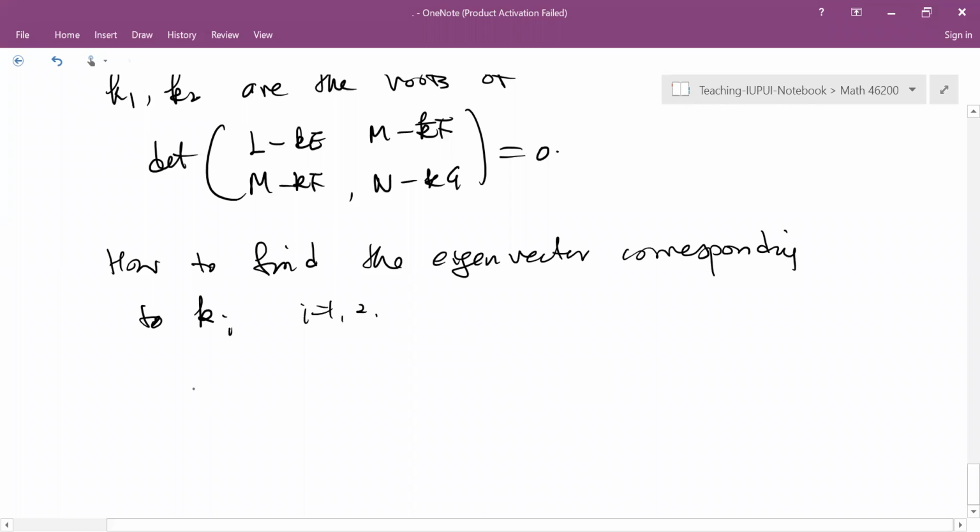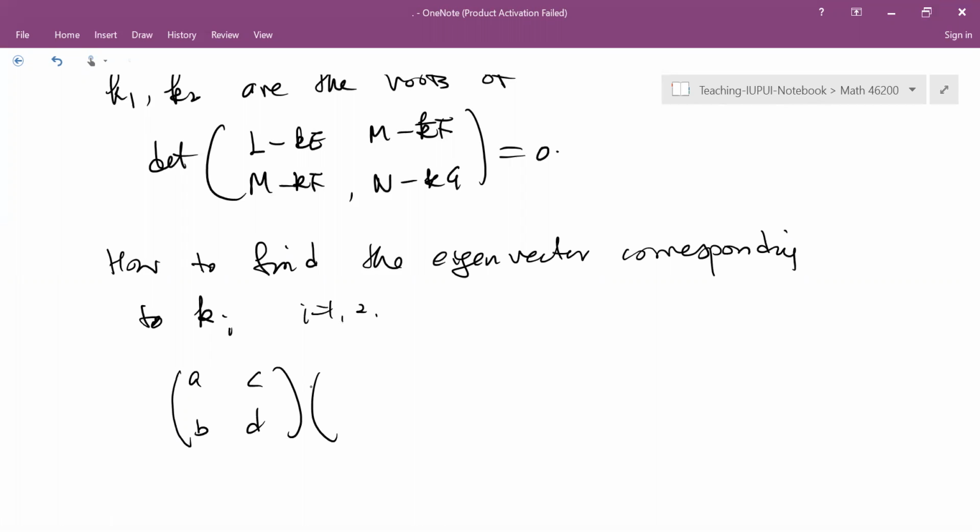Remember this is going to be the eigenvector (A, B, C, D), and I'm going to use the notation in this book. I don't want to create a new notation.